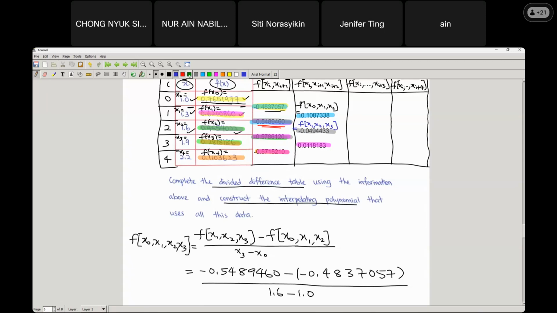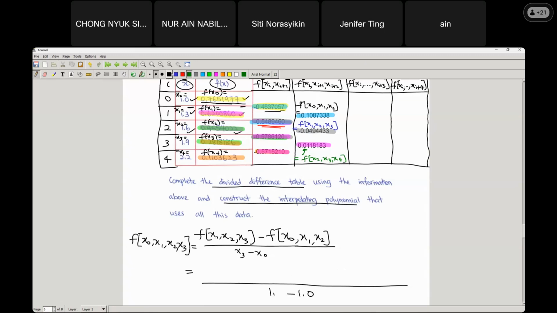And I have this value is equal to f[x2, x3, x4]. So now I have to take, let me erase this one. Okay, so I have f[x1, x2, x3].